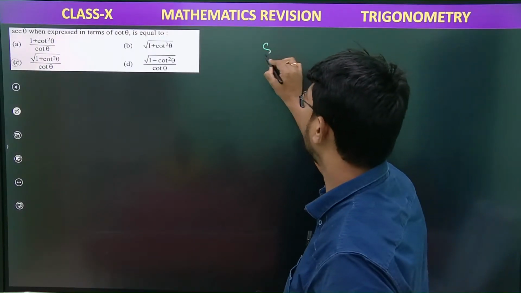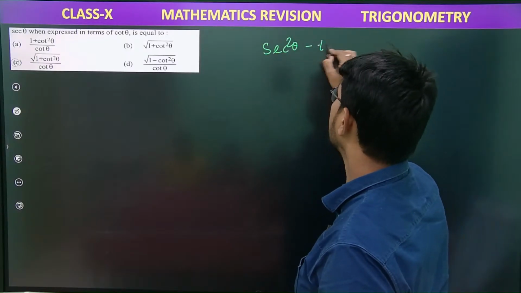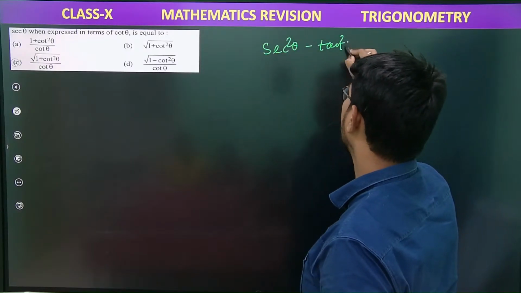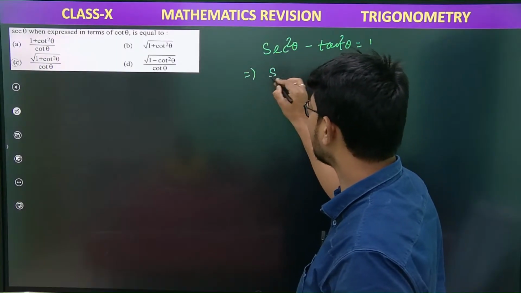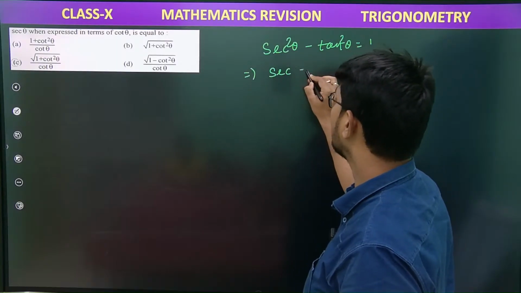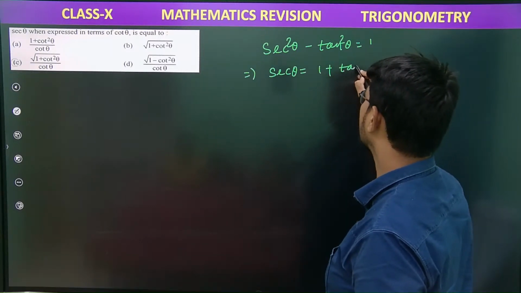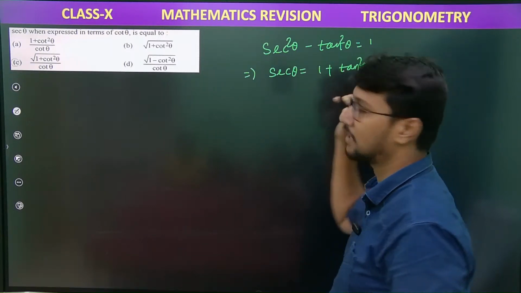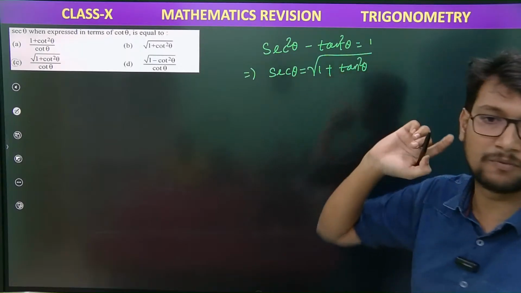Write that one: sec square theta minus tan square theta equals 1. From here, tell me, children, what is the value of sec theta? Sec theta is the square root of 1 plus tan square theta.